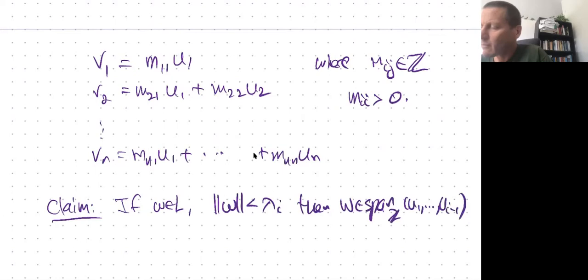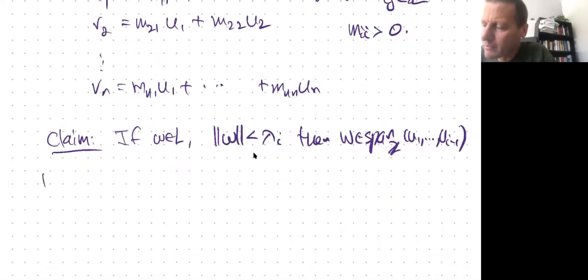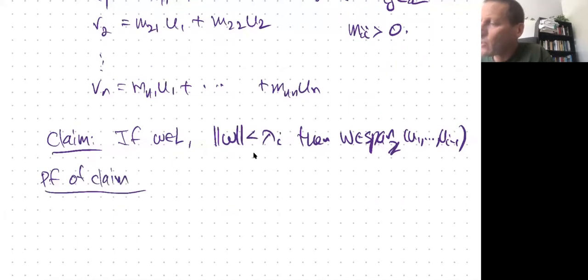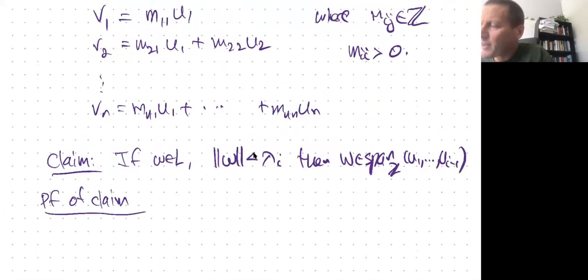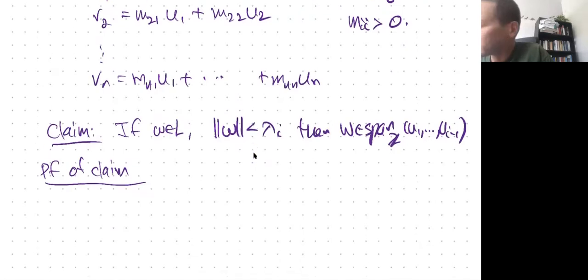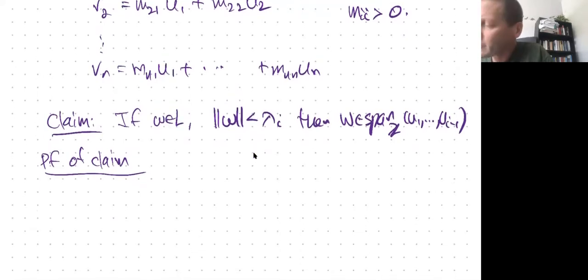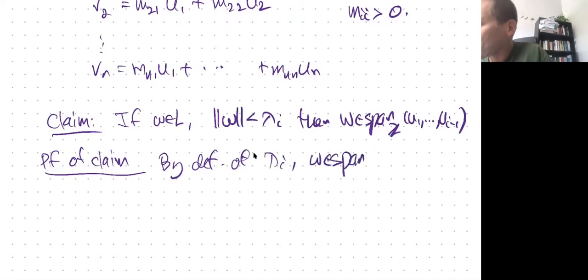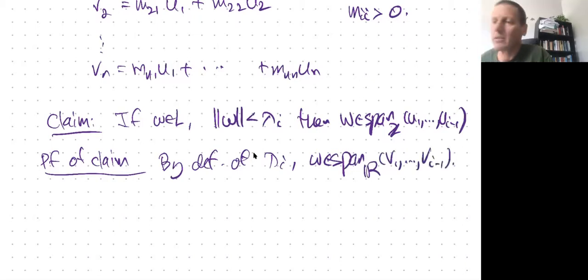So let's prove the claim. It's not necessarily true that the Ui's are equal to the Vi's, but the Ui's do generate all the short vectors over Z. So, proof of the claim: by the definition of lambda i, W has to belong to the span over R of V1 up to V(i minus 1), right?